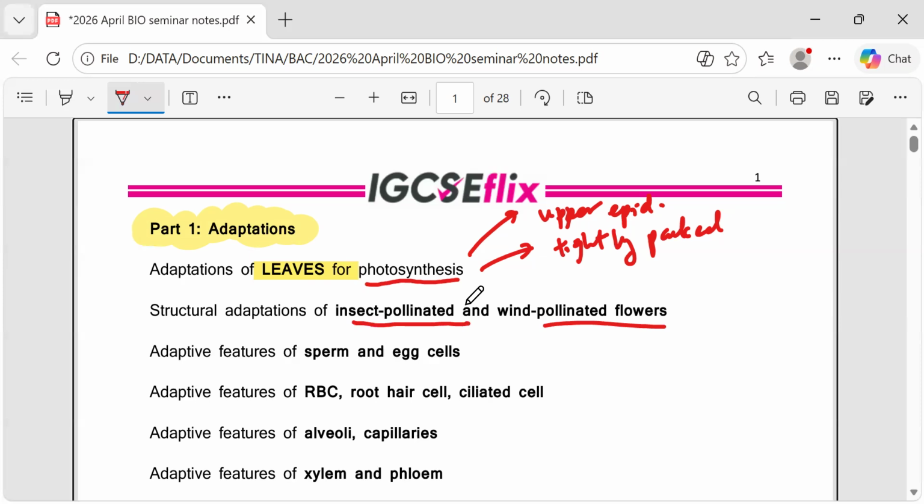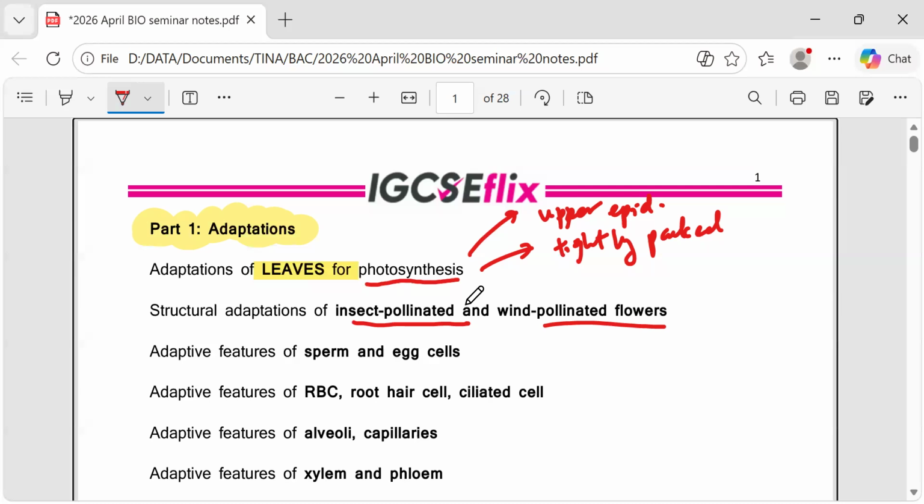The pollen is small and sticky. It has nectar to attract, and a nice scent to attract. Wind pollinated has a feathery stigma. It has light and small pollen.